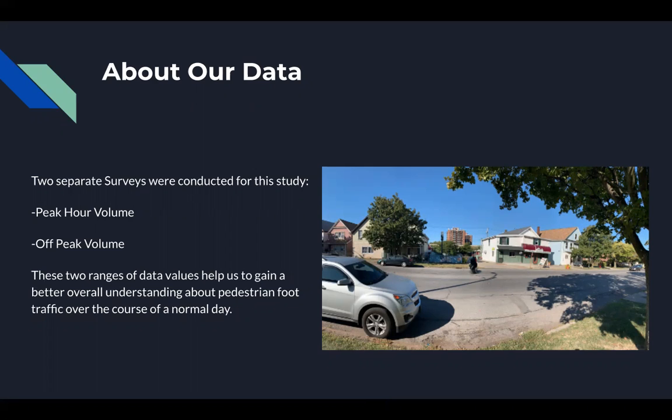So what I mean by that is each address was visited twice during different days and periods of the day as well, in order to see how the time of day and the day of the week influences the volume of pedestrians that pass by. We believe that utilizing this method will give us a better overall understanding about pedestrian foot traffic over the course of a normal day and how it fluctuates.